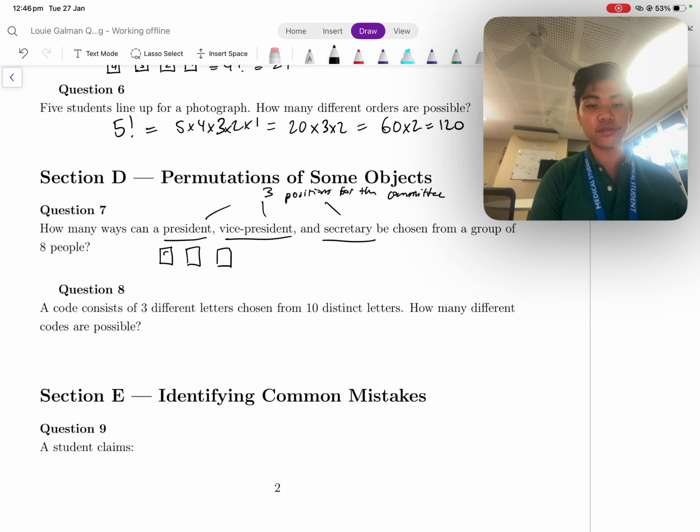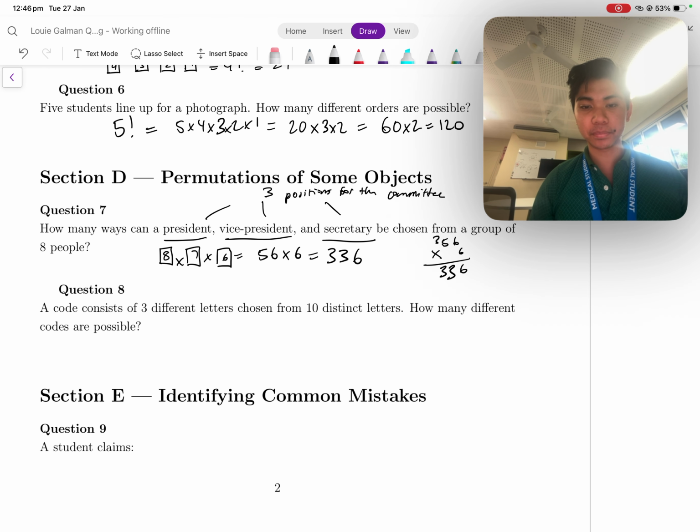So we have 8 times 7 times 6, and that's it. 8 times 7 is 56, times 6 is 336 ways that you can choose a president, vice president, and secretary from a group of 8 people.